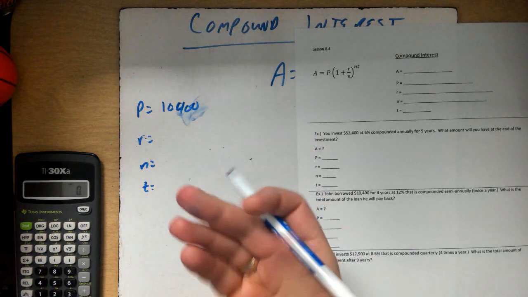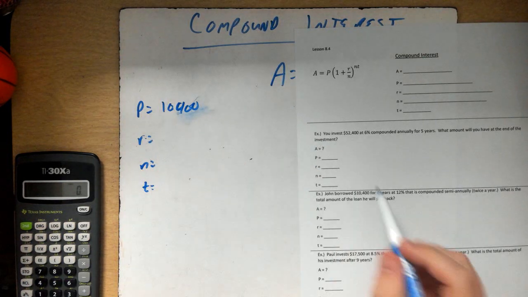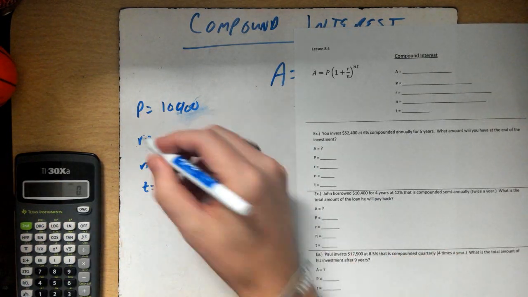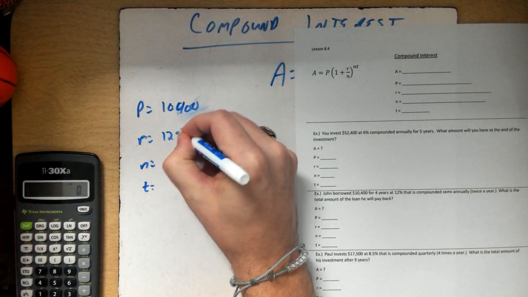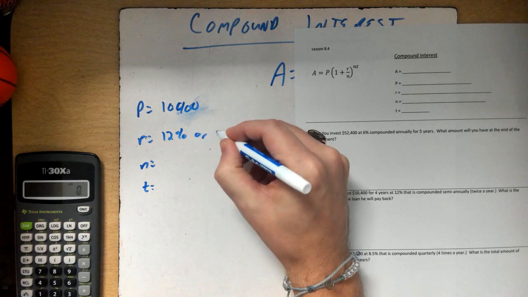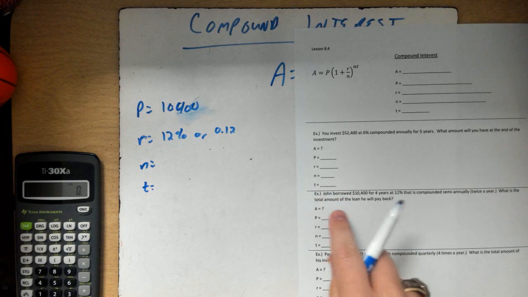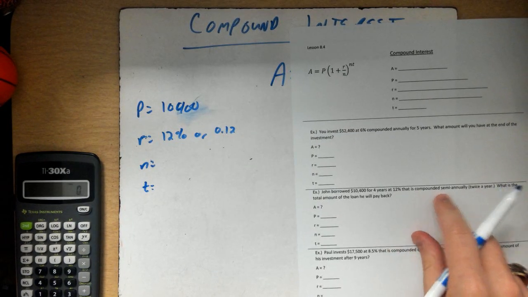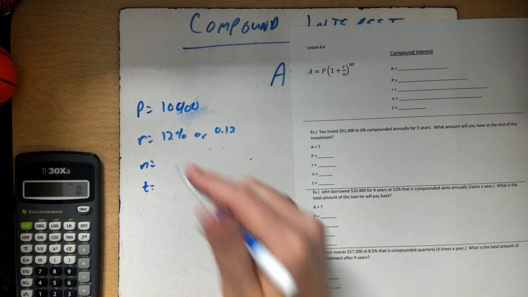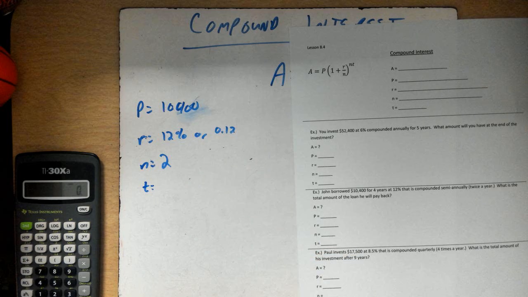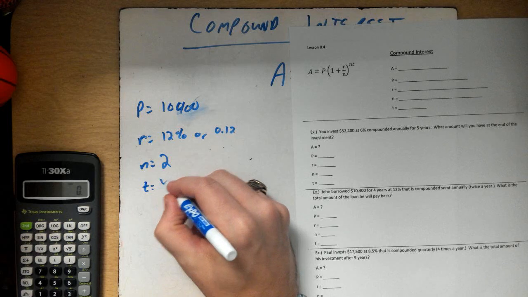Our interest rate is 12%, or as a decimal 0.12. Our N, compounded semi-annually, so twice a year, so 2. Okay, so 2 times per year it's compounded, and then our T, our years, is 4.